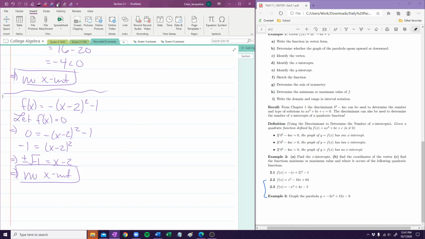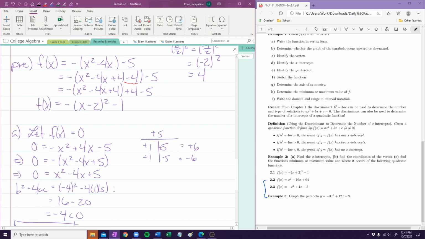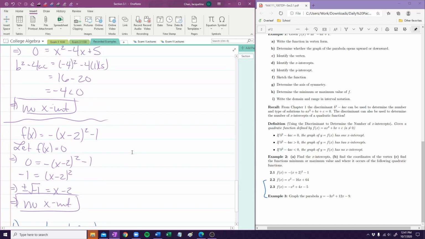Right, so now what we're going to do is find the coordinates of our vertex. I'm just going to look ahead. Using my vertex form, I can see that my vertex is positive 2, negative 1.